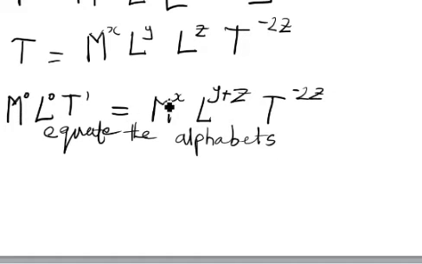So this will be equated to this one. So you have M^0 equal M raised to power x. From our indices, when the bases are the same, you equate the powers. So x will be equal to 0.